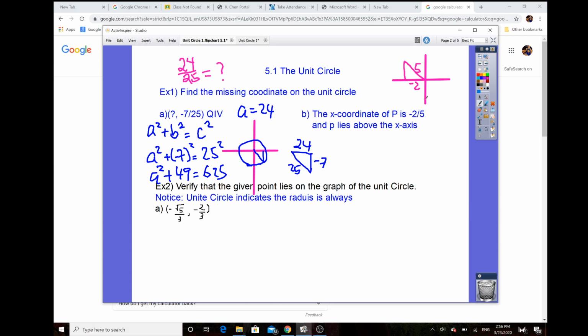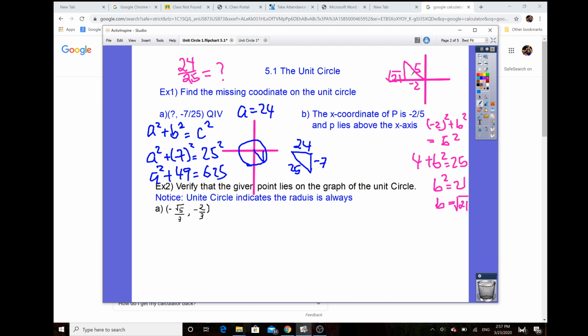And then try to use the Pythagorean theorem. We do have negative 2 quantity squared plus b squared equals 5 squared. So it's 4 plus b squared equals 25. So b squared is 25 minus 4, so it's 21. And then take the square root of this, so b equals positive root 21. So that means for the opposite, it's root 21.